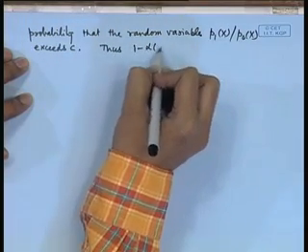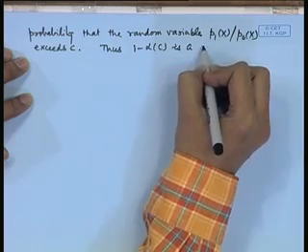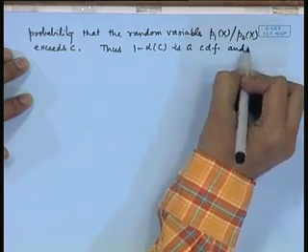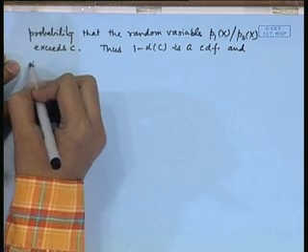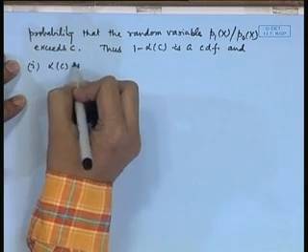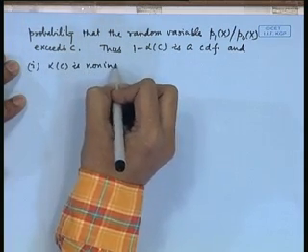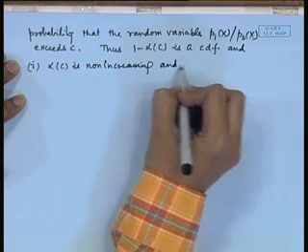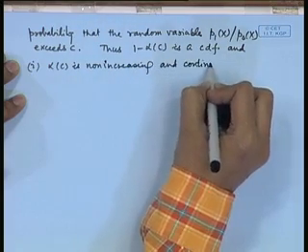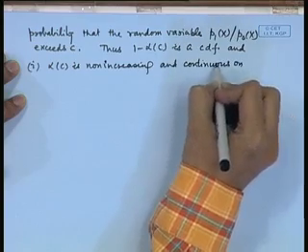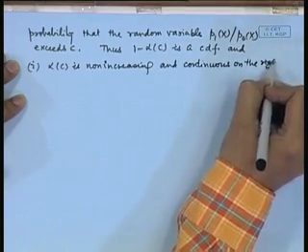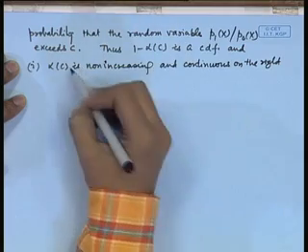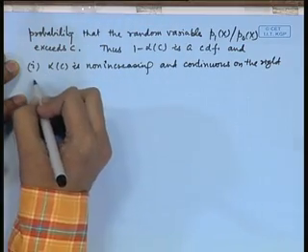Thus 1 minus alpha c is a cumulative distribution function, and we have the following properties: alpha c is non increasing and continuous on the right, that is the property of the CDF. So if 1 minus alpha c is non decreasing, then alpha c will be non increasing.